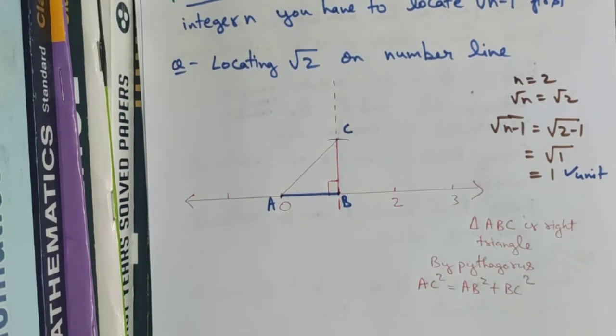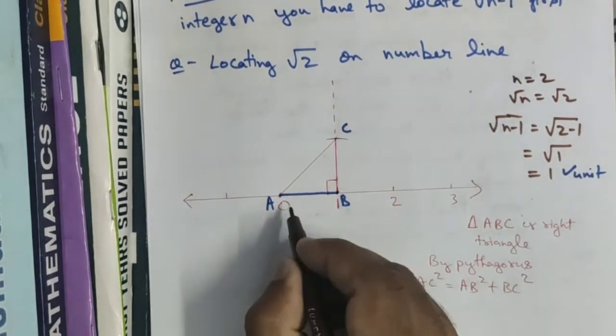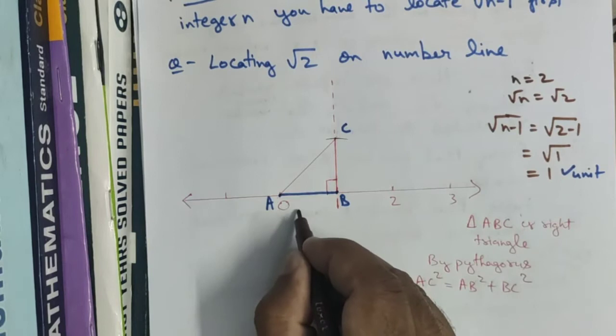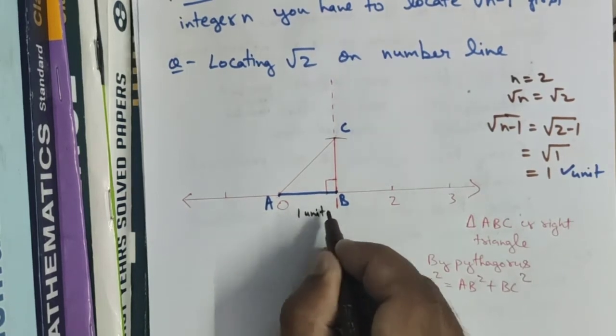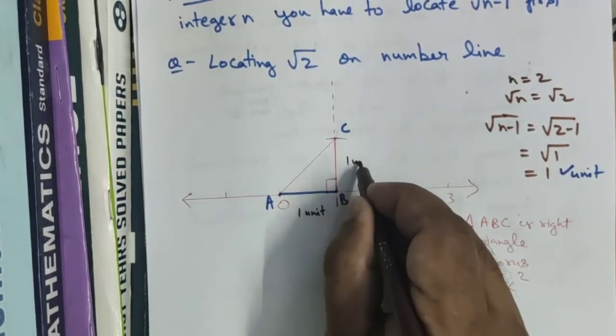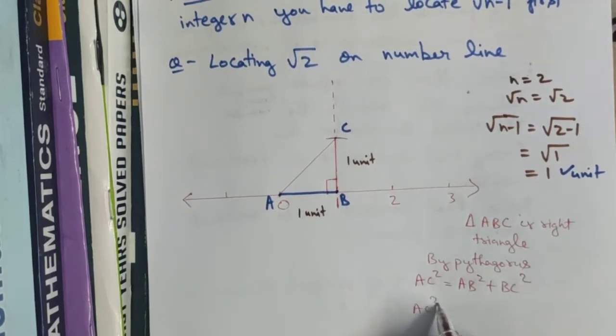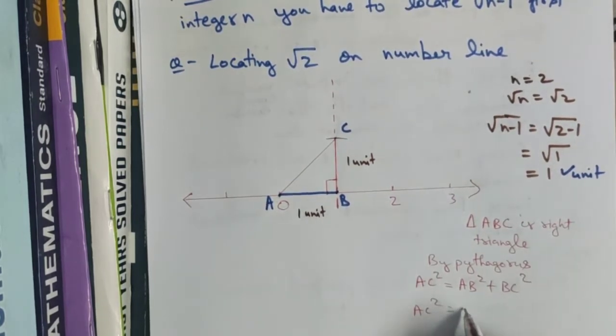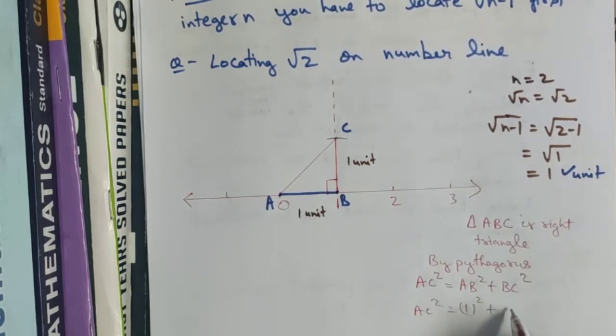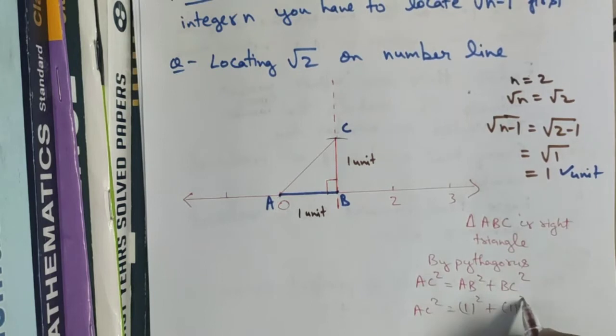We already know that AB is 1 unit. BC is also drawn as 1 unit. So AC square is equal to the square of 1 unit plus the square of 1 unit.